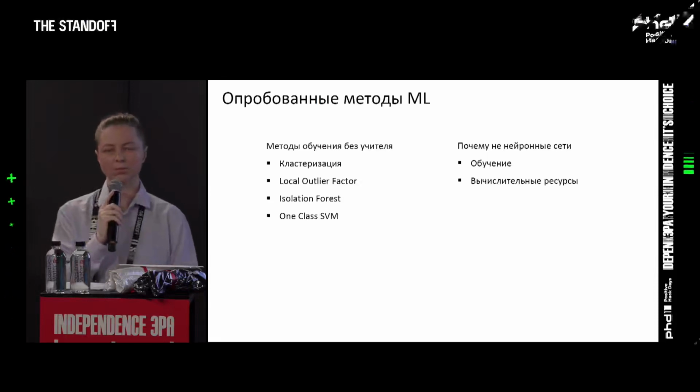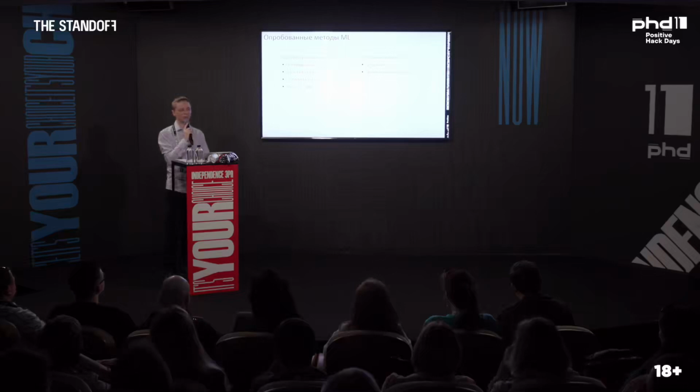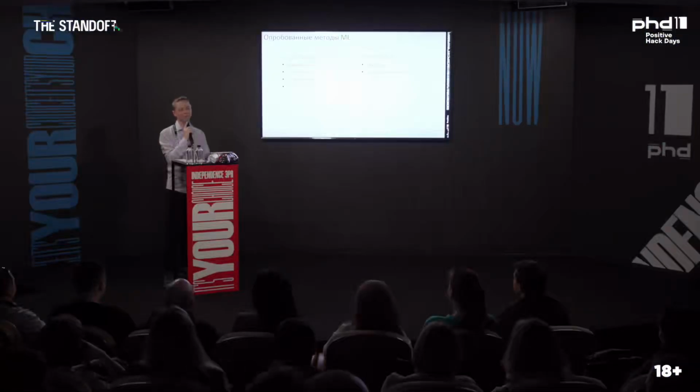So in this work, we tried and tested a number of methods of learning without teachers, so they could be used with non-marked data. Such methods are considered to be targeted at looking for new data, and different ML methods tackle these two tasks in different ways.